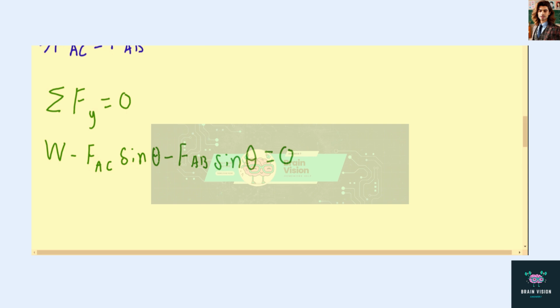So we can substitute the known terms and solve for the unknown F of AB.